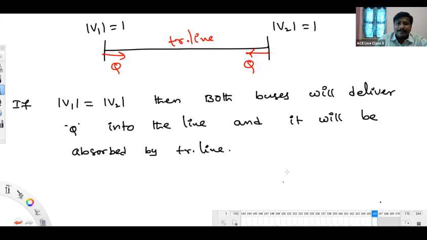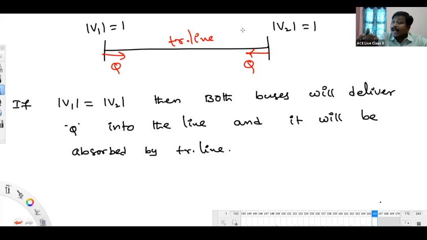I will explain again. Just listen, don't get confused. Real power direction is very easy. If one bus is delivering real power, the other bus will be absorbing it, definitely.